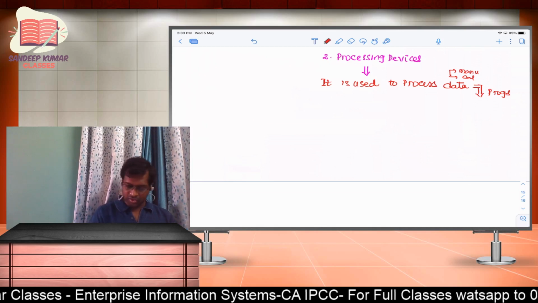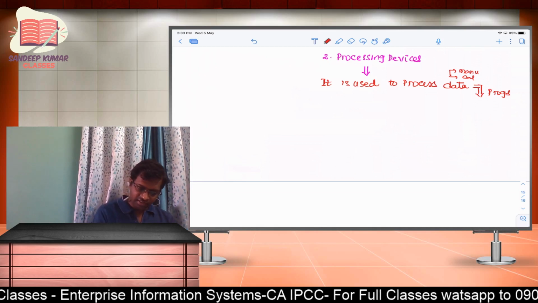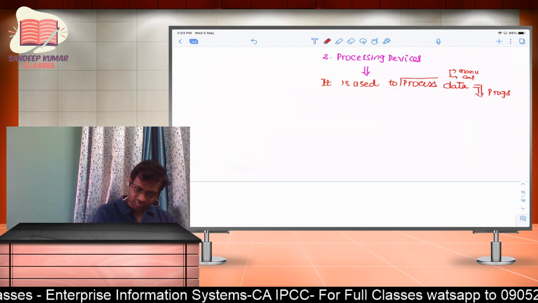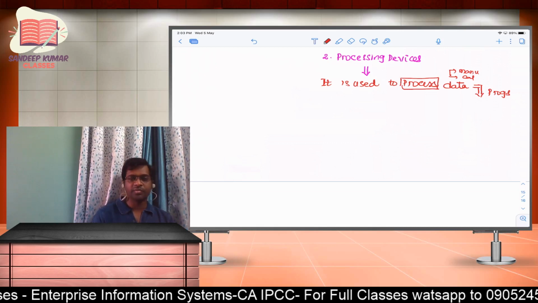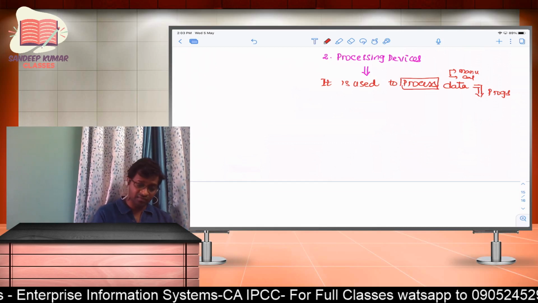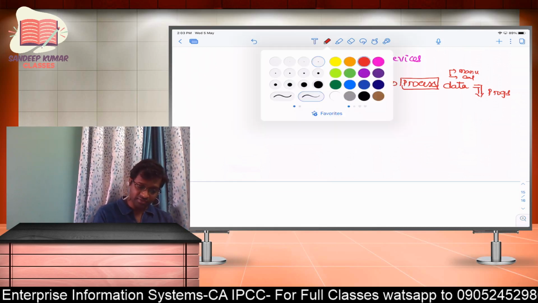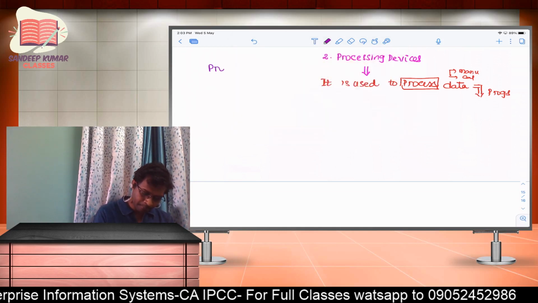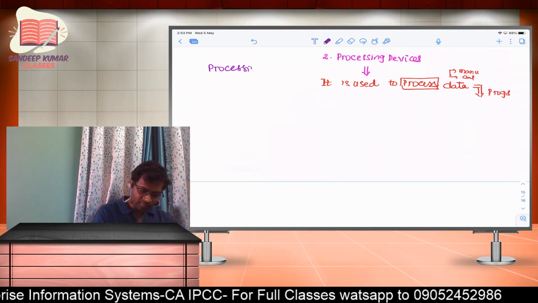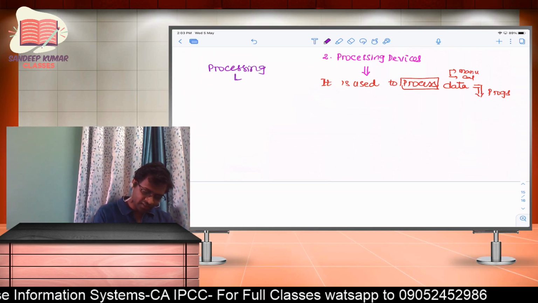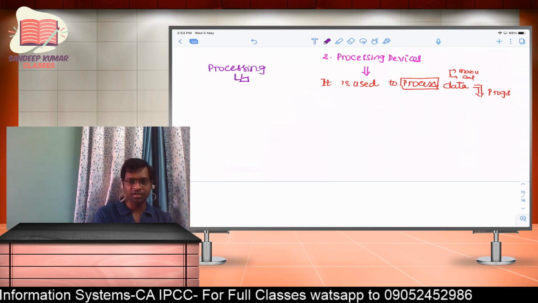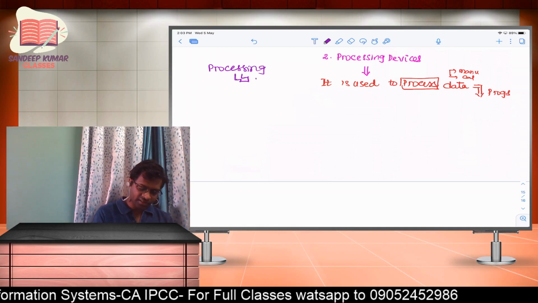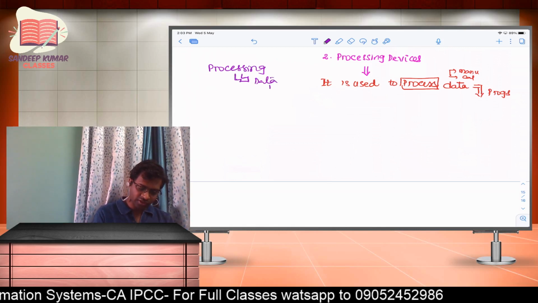What do you mean by a processing device? It processes data. What do you mean by processing? Please remember this: processing is nothing but converting data into information.